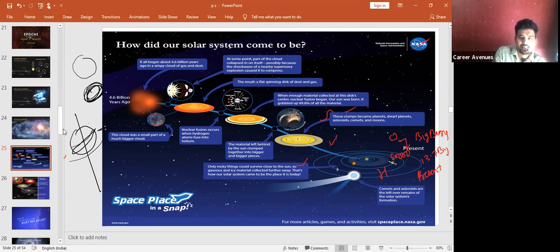This is now a disk, and in the central part, we still have a spherical body, which is now the sun. Now, as a result of the flat spinning disk of dust and gas, there is a formation of rings around the central mass. In the central mass, we still have a gigantic body, while on the outer limits, we now have rings. The whole disk gets converted into rings.